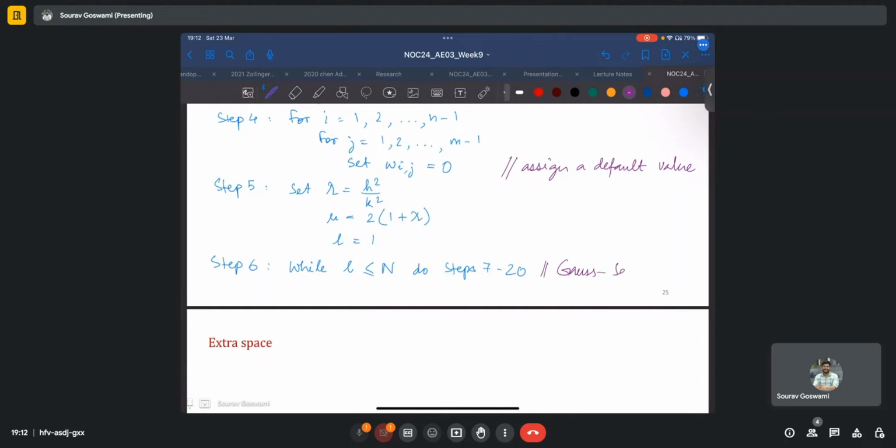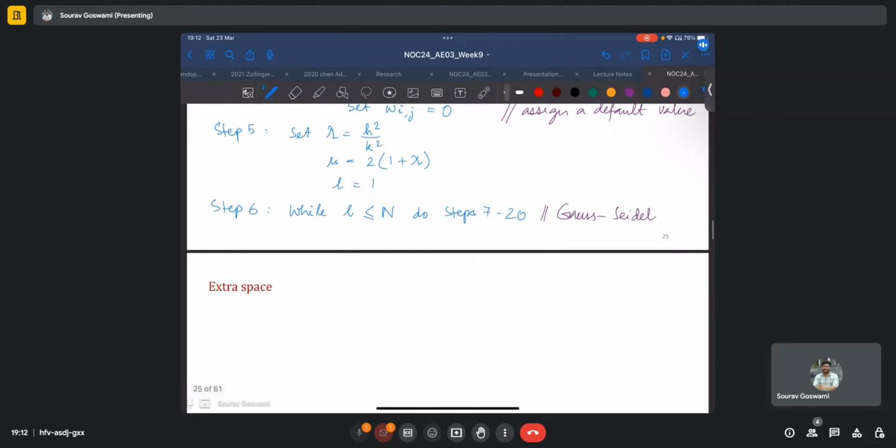So the Gauss-Seidel method is being implemented in the following steps. Step 7. You may also choose a different solution scheme, one that might be more suited to your particular problem or particular case. But Gauss-Seidel is like a failsafe.